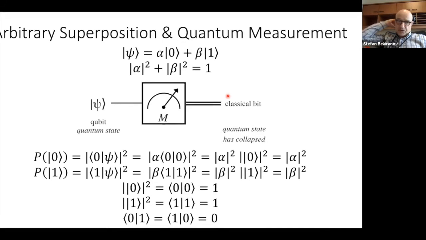I'm not forced to just put states in either state 0 with probability 1/2 or state 1 with probability 1/2. It turns out that there are gates, rotation gates, that can dial in an arbitrary coefficient alpha in front of state 0 and beta in front of state 1, but the probabilities have to sum to 1. My probability of measuring state 0 or state 1 has to be 1. That's why alpha squared plus beta squared has to equal 1.